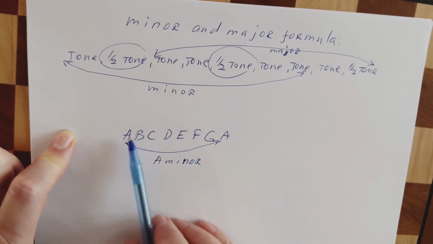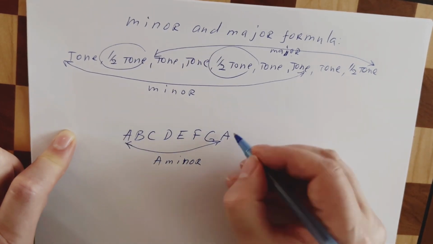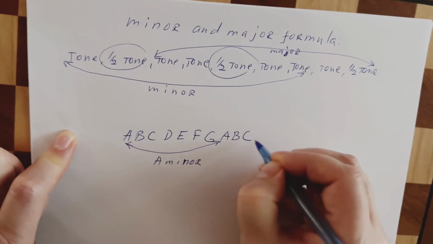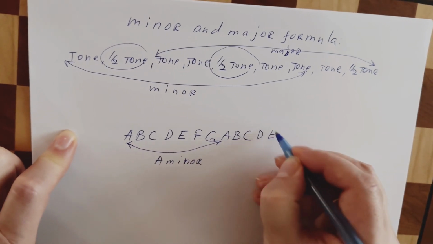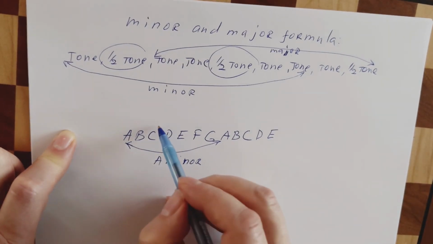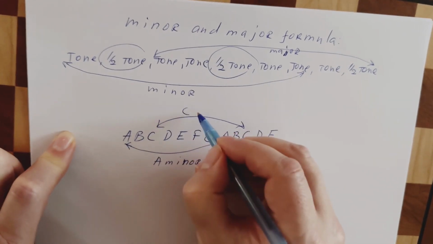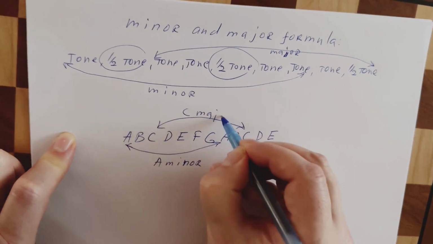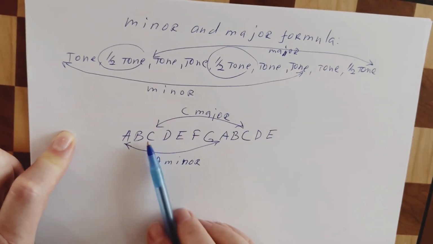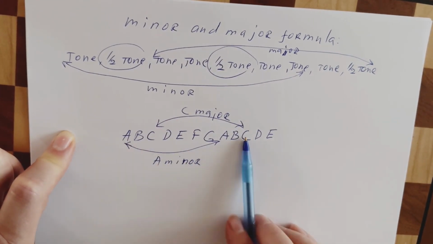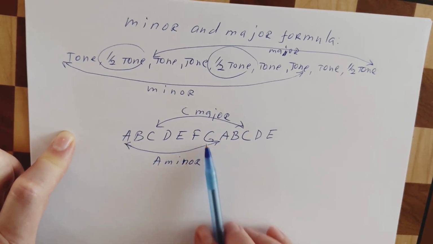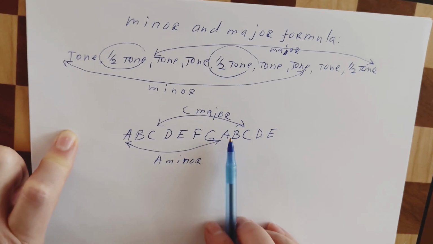But if you continue, and after A comes B, right? And then after B, again C, and then D and E and so on, you will see that from C to C, it's a parallel C major. So again, it's going to be all white keys, but from C to C, you will hear the C major scale. Using the exact same scale from A to A, all white keys, it will be A minor.